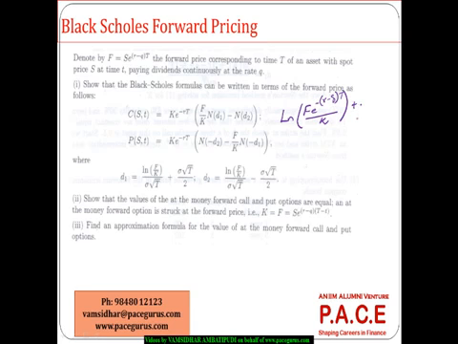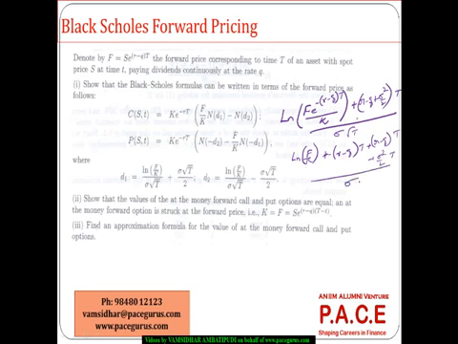Log S naught by K plus (r minus q plus sigma squared by 2) times t divided by sigma root t. So what I can write here, I'll take it as only log F by K, plus log e power minus (r minus q) into t becomes minus (r minus q) into t, plus (r minus q) into t plus sigma squared by 2 into t, divided by sigma root t.